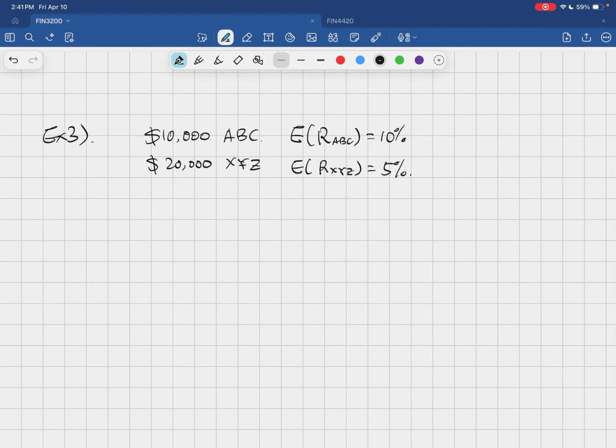We want the expected return on the portfolio. Okay, so I'll just say the total is $30,000. That's the value of the portfolio, and we're trying to calculate the expected return on your portfolio.